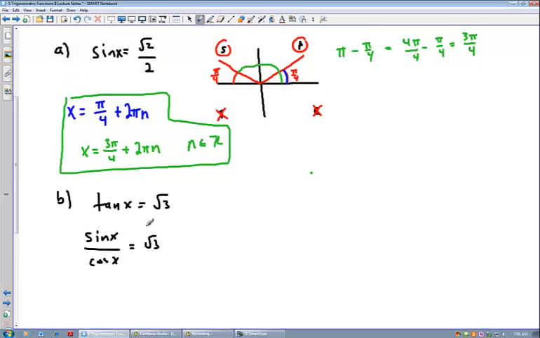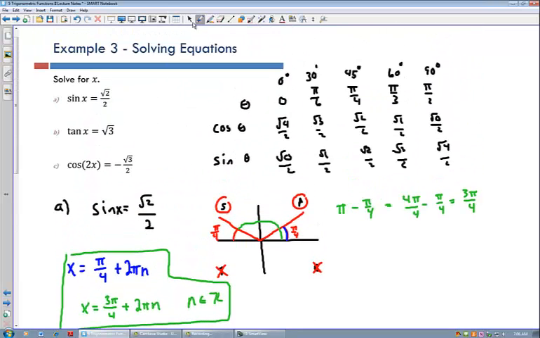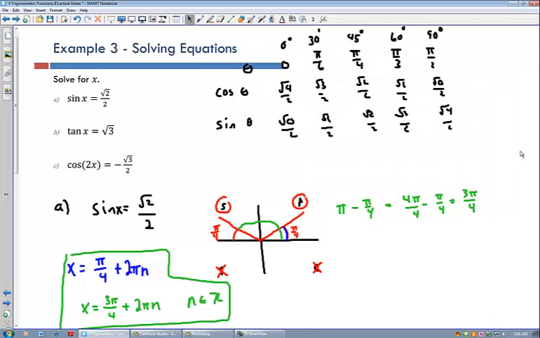So what I need to do is go up to this table, and sometimes on this table I'll often make an extra row here if I have to, and I can do tan of theta, because tan of theta is just this number divided by that number.